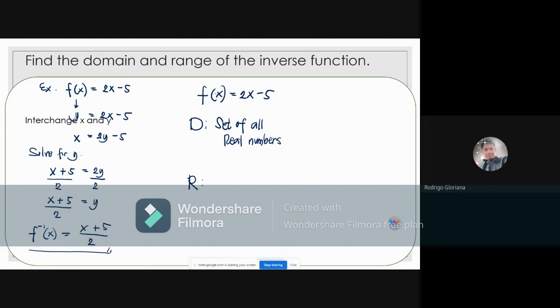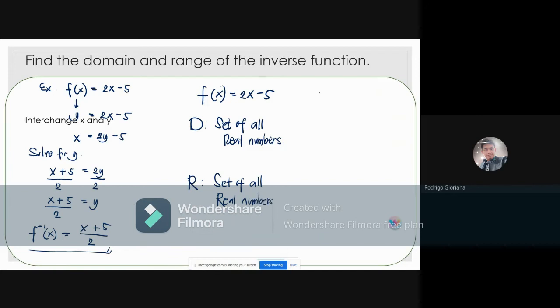Can it be equal to 0, class? Possible, as long as you can solve for the value of x to make it equal to 0. So same thing, that is the set of all real numbers.